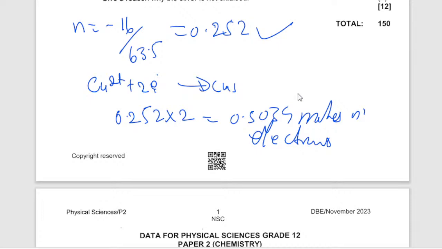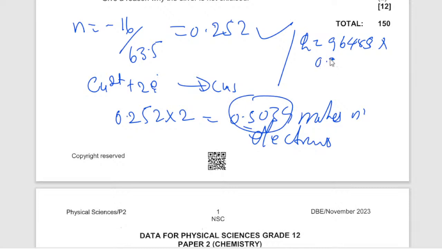Now we need to convert this into charge, whereby we apply Faraday's constant. Charge is going to be equal to 96485, which is a constant, times this number of moles, 0.5039.